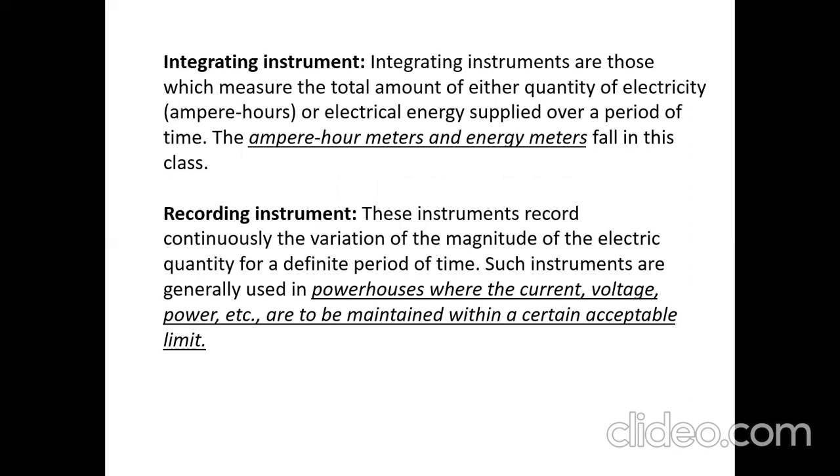It is a combination of two quantities, like ampere hour, meaning current and time, and in the energy meter, the total power into time. The combination of two quantities will be measured by any one instrument. This is called an integrating instrument.